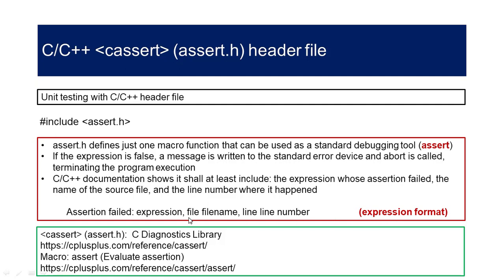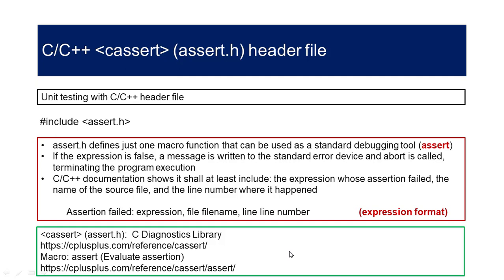This is the expression format for this line, and it is actually explaining the point that I have just talked about. You can go to these links to read more about the assert and the assert.h header files. Now, with that said, let's actually write some code to use the assert.h header file to do our unit testing in C++.